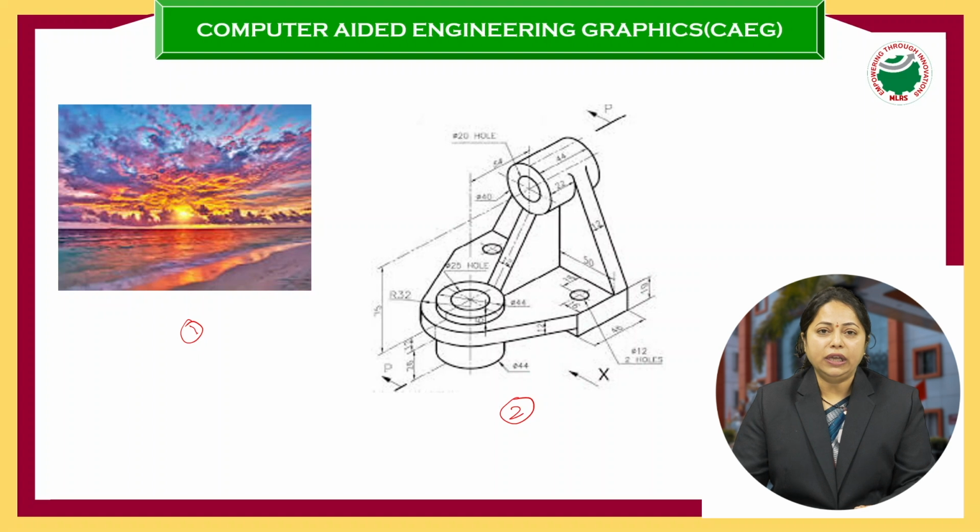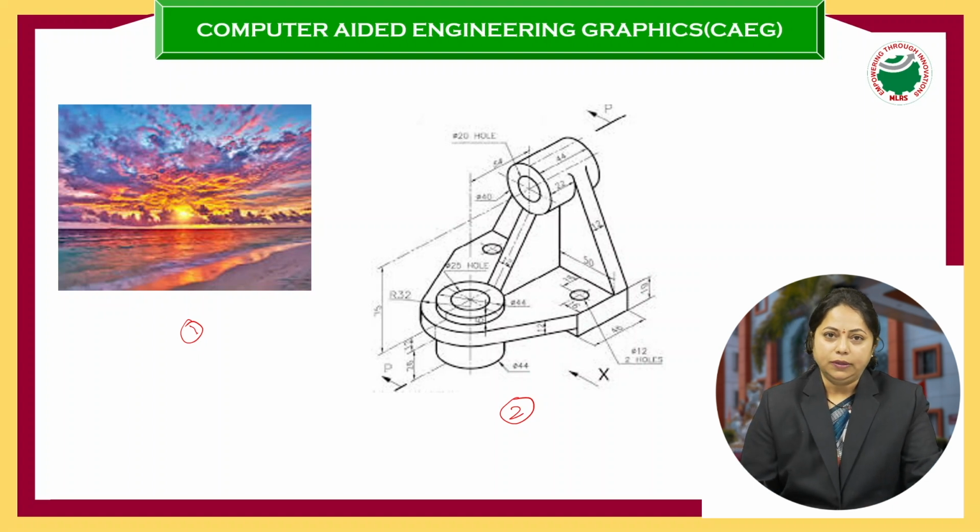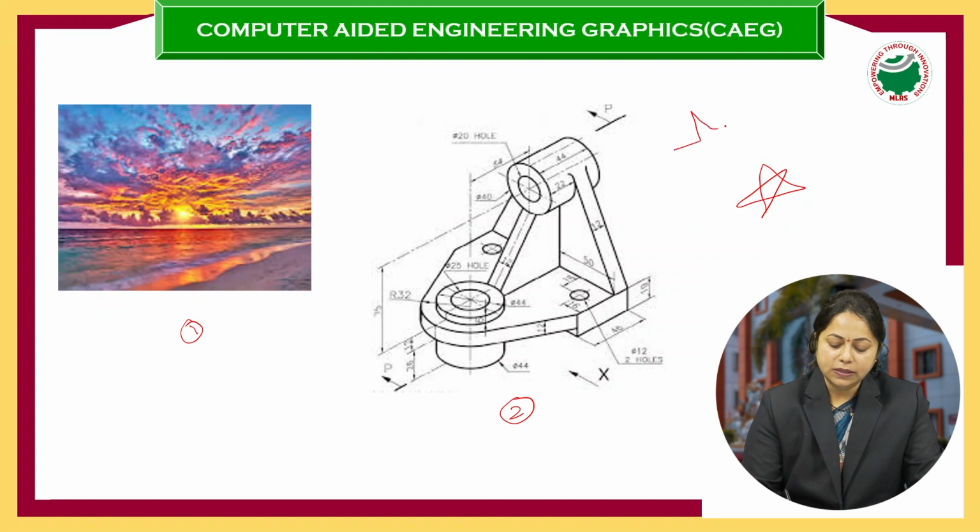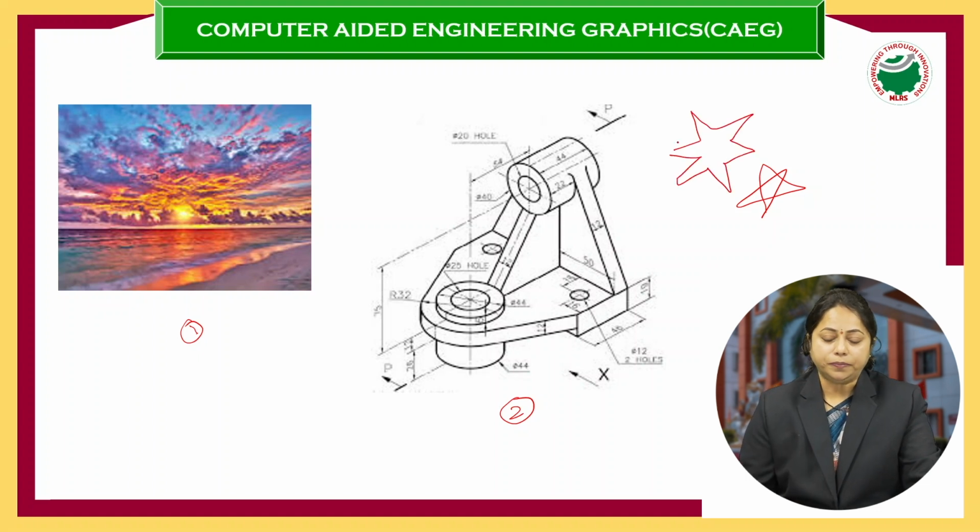Now if we get into the details, what is engineering drawing? As told earlier, drawing is a pictorial representation of an object. For example, if somebody asks me to draw a star, this is a star, and maybe some other person can also depict a star like this.